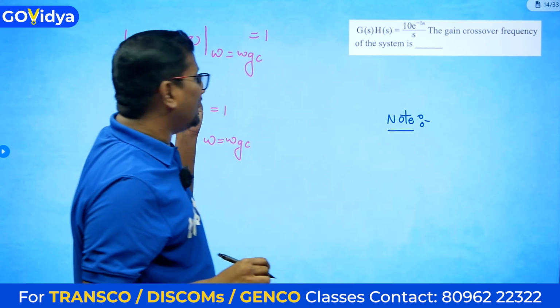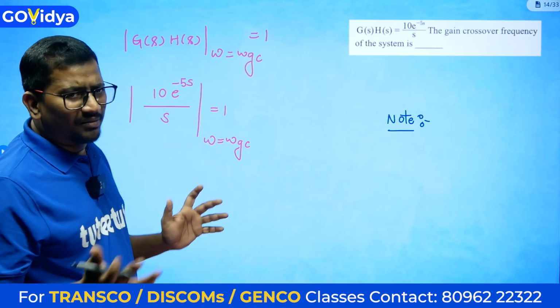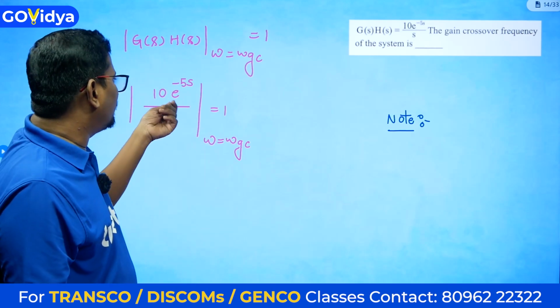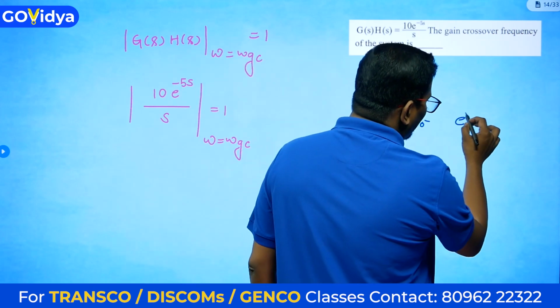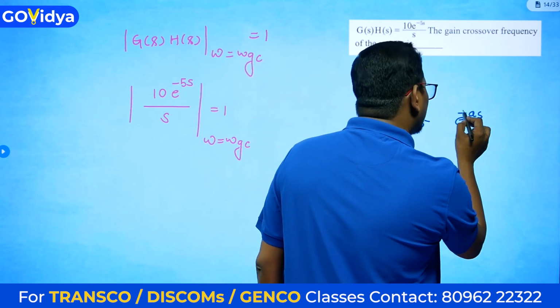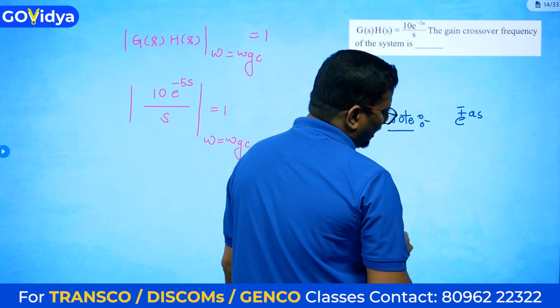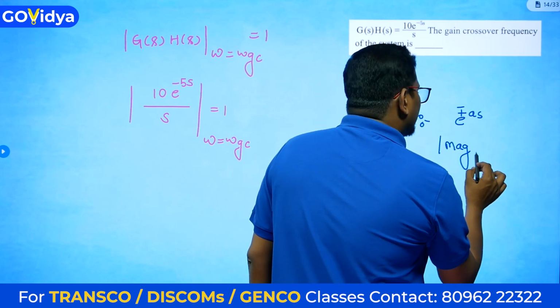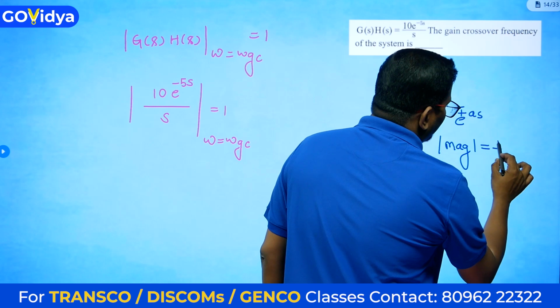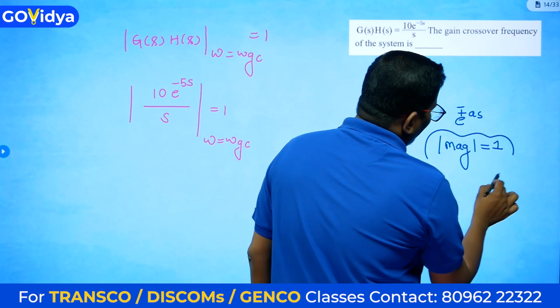Whenever you are having any exponential term, obviously a stable exponential term only they are going to give. If an exponential term is there, for example e power minus as, or you can say plus or minus as, anything you take, its magnitude is always unity. Why?